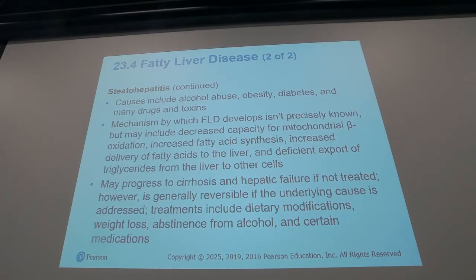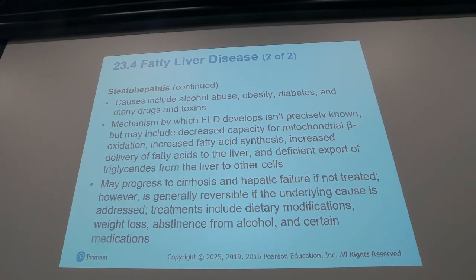Now, another thing that can happen is that you can have reduced beta oxidation of the lipids or poor delivery of these lipids out of the liver, or excess of delivery of triglyceride into the liver. If this continues, it can damage severely the liver, creating hepatic failure, but before cirrhosis if it wasn't treated.